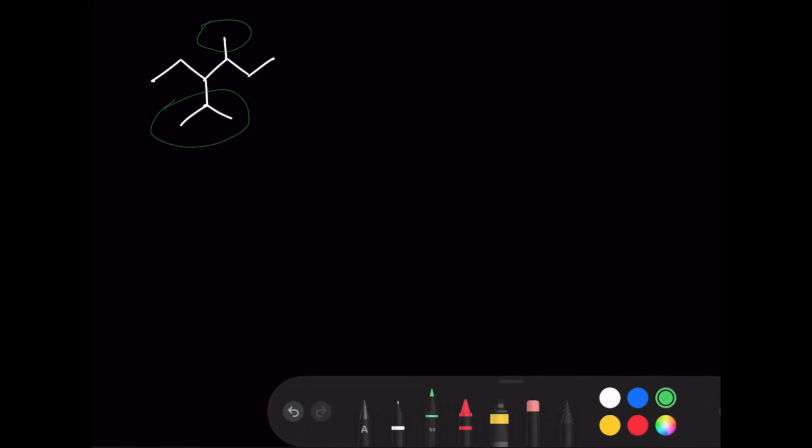So, if you start numbering from here, so let me just redraw this structure. 1, 2, 3, 4, 5, 6. If you choose this as the long continuous carbon chain, then we have 2 methyl groups, one is at 2 position, another is at 4 position, and then 1 ethyl group.